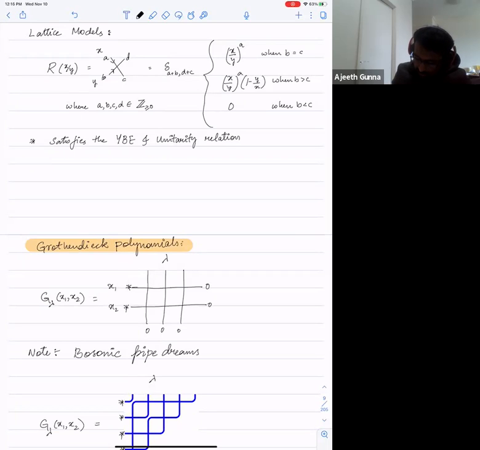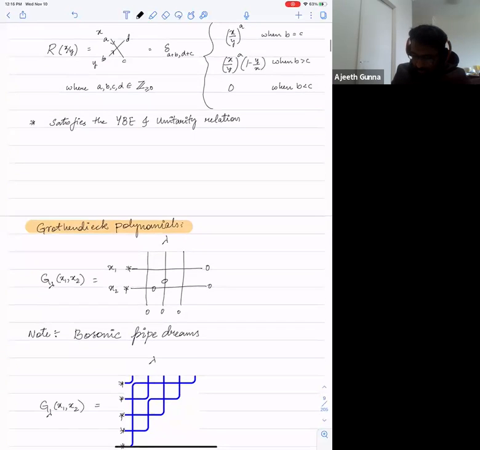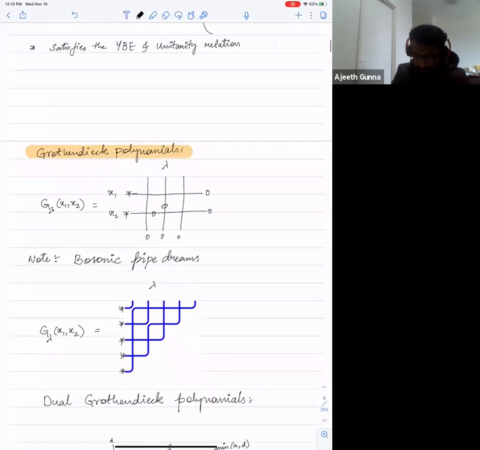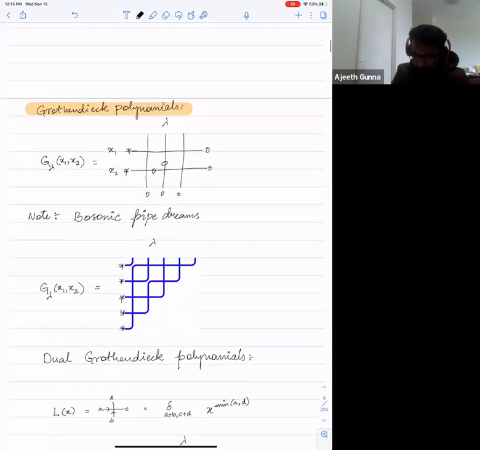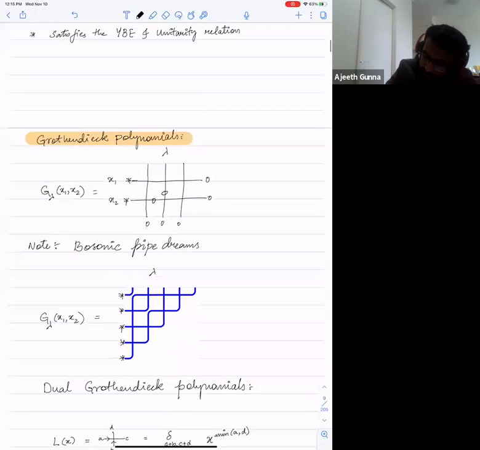And since the boundary condition at the bottom is 0, this has to be 0, and so on. So the only non-trivial contribution comes from the upper half of the antidiagonal. I'll use the star to denote that the boundary is free, just that there are no restrictions on the left boundary.